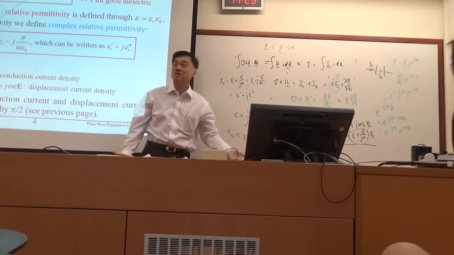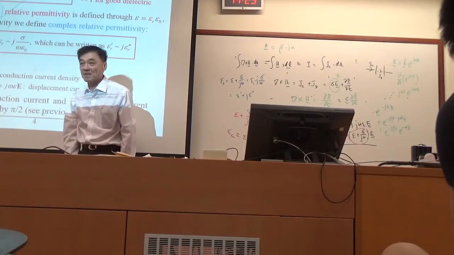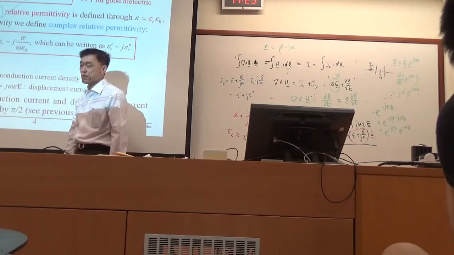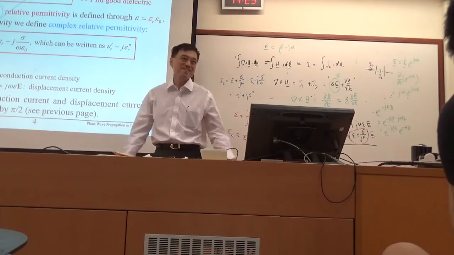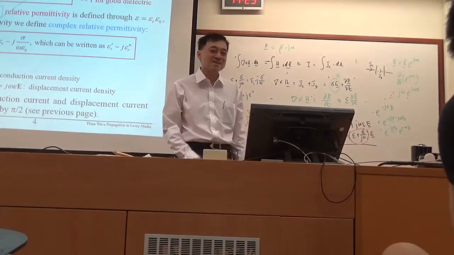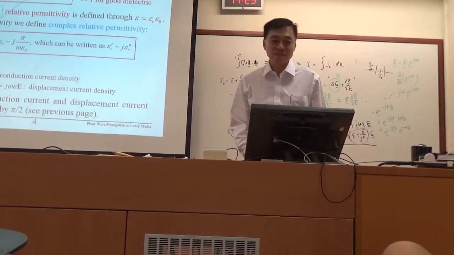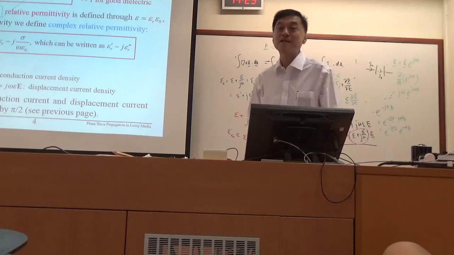The ratio between epsilon double prime and epsilon prime is what we call the loss tangent. You see, so many definitions. A loss tangent very much greater than 1 is called a good conductor. A loss tangent very much smaller than 1 is a good dielectric.